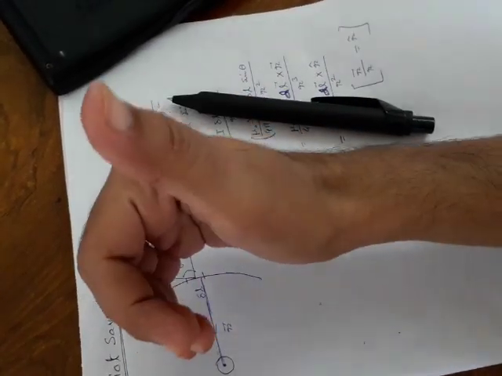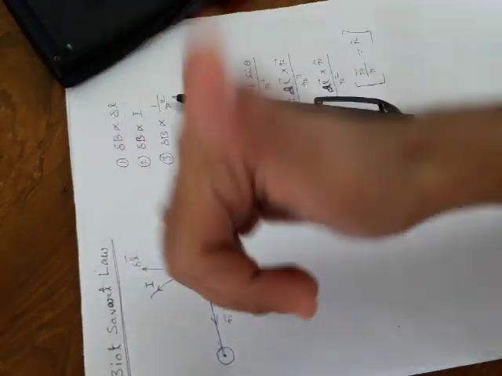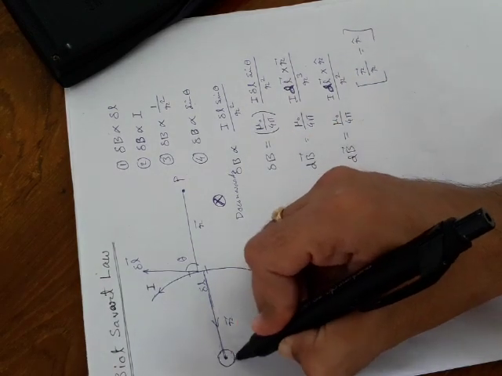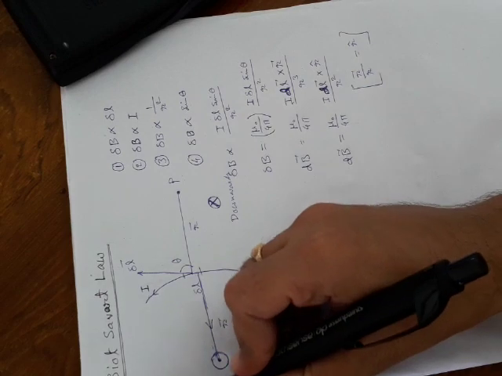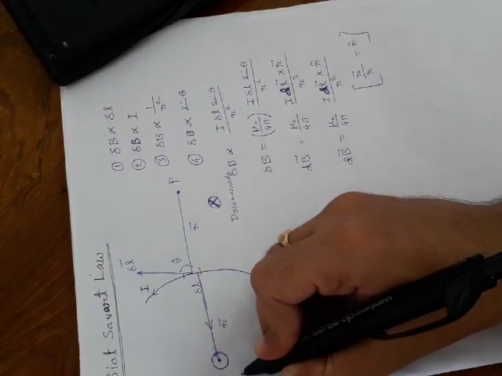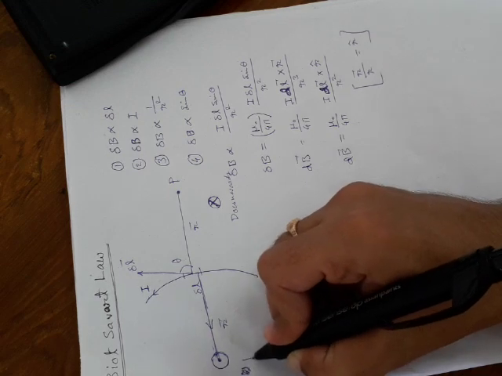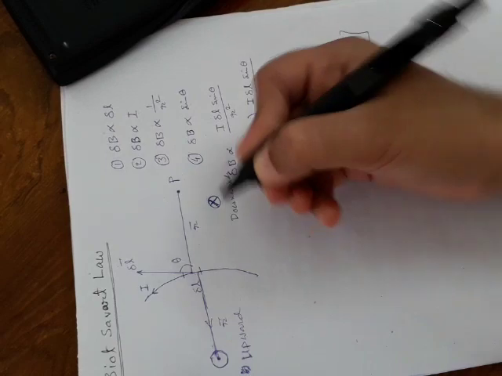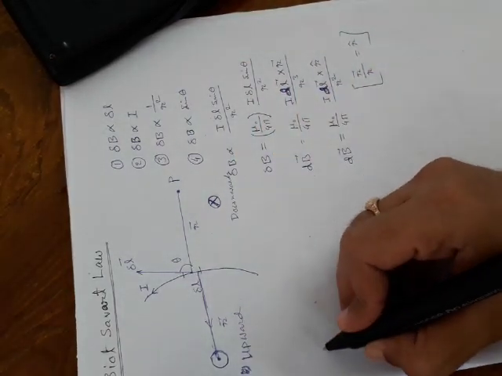So dl cross r, dl to r, gives upward direction. And for this point, if we call it Q, the direction of the magnetic field is upward.